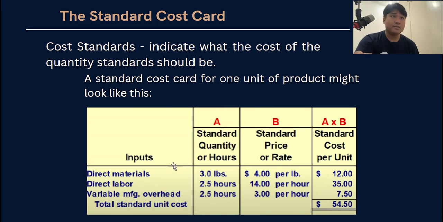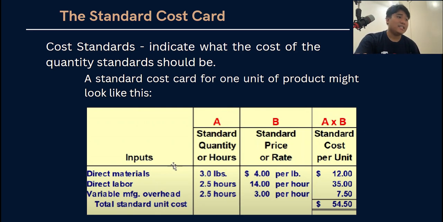Next slide is the standard cost card. This includes the cost standard, which indicates what should be the cost of the quantity standard. The standard cost card shows like this, in this table.